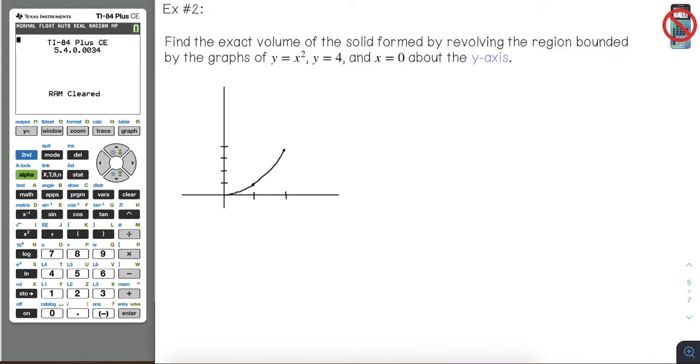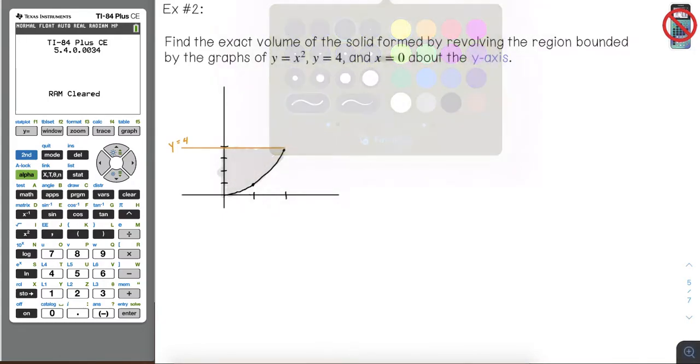Then y equaling 4, so that's going to be right here. And then x equaling 0 is the y-axis, so I'm going to be revolving this area around the y-axis.